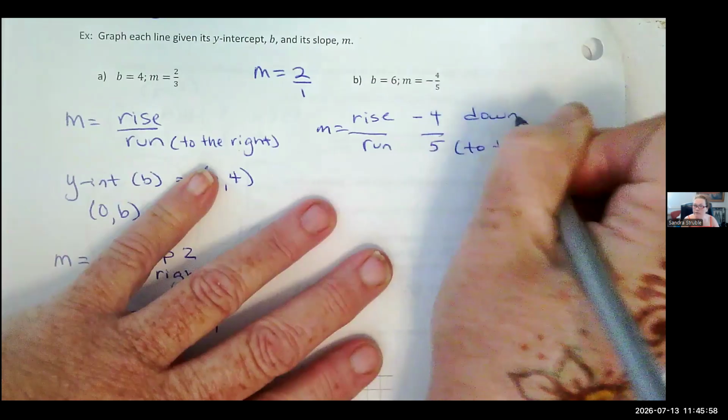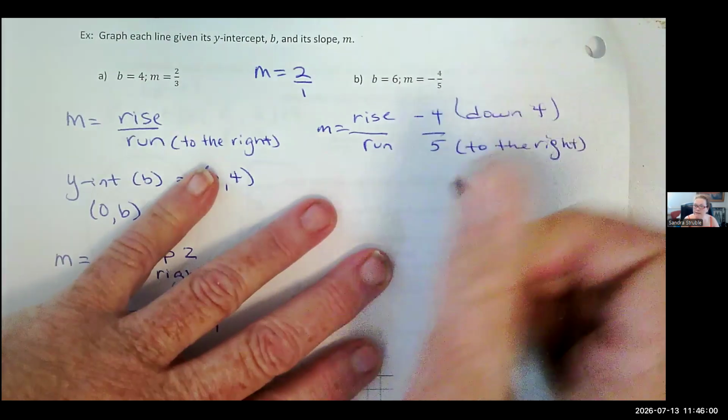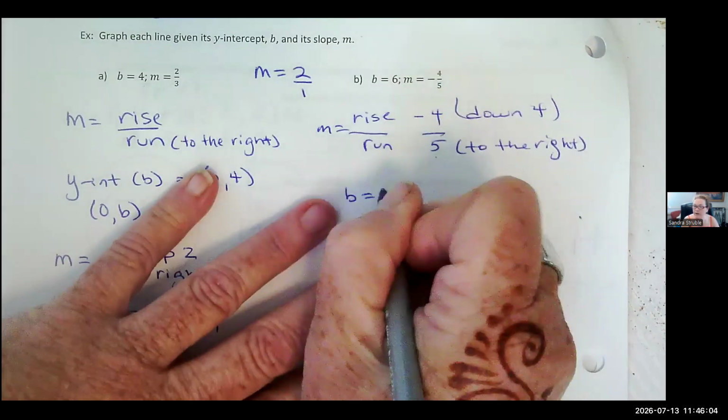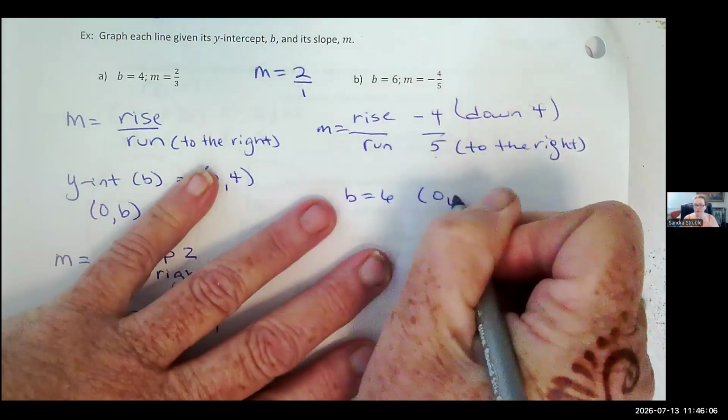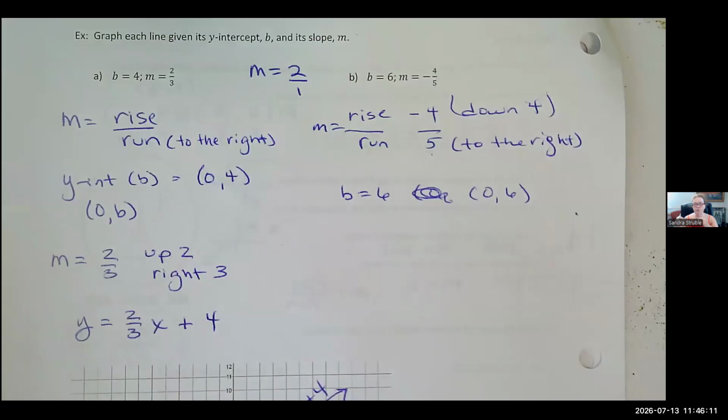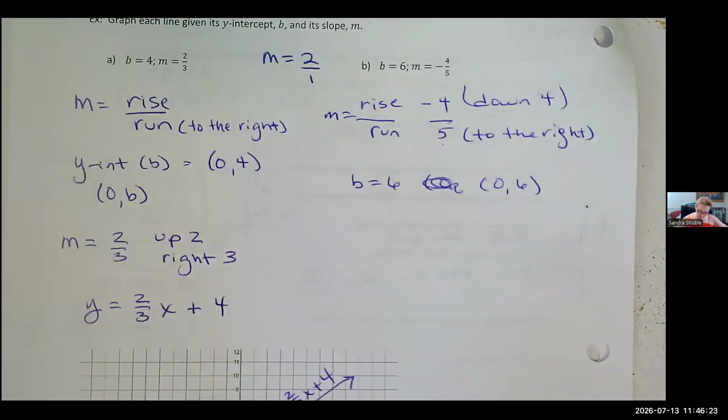Down 4, run 5. Start with your y-intercept. From the y-intercept, you're going to do your rise over run to find your next point. You can do it just once, draw your line, and then go ahead and label the line. Pause the video, please.